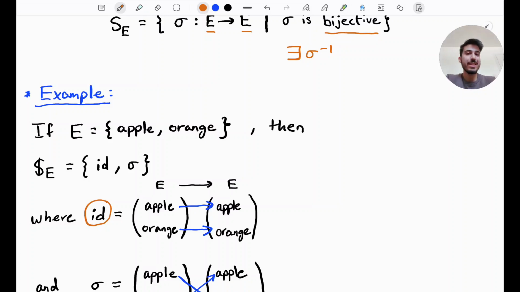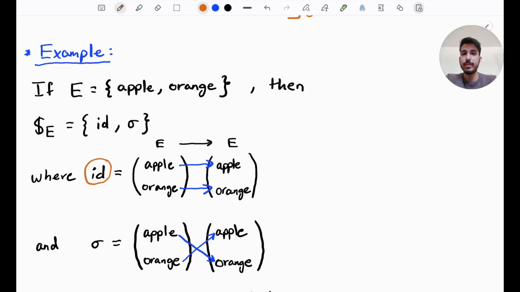I don't really care what I call these 2 elements. What I care about the most is in how many ways I can arrange these 2 elements. So SE will give me the elements which in fact rearrange the elements of E.